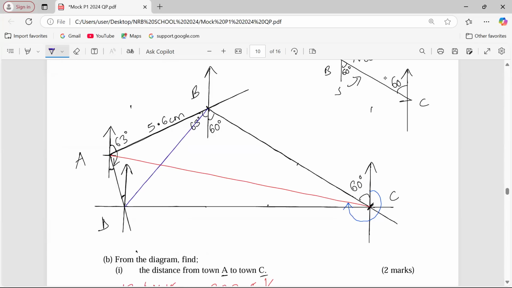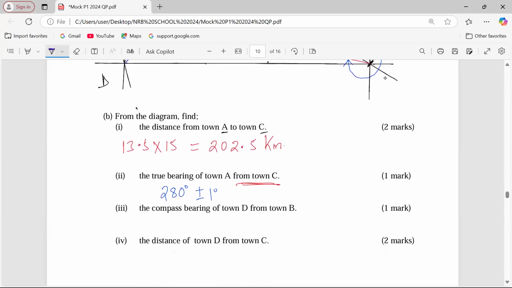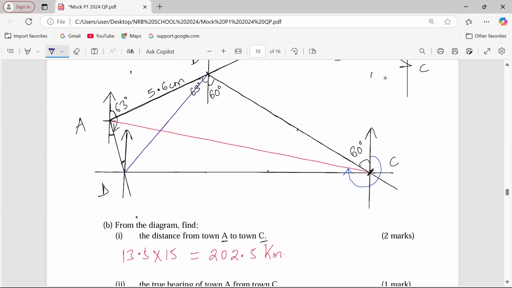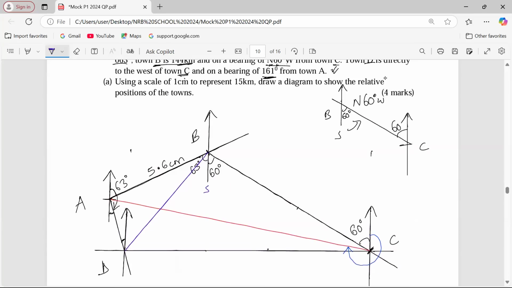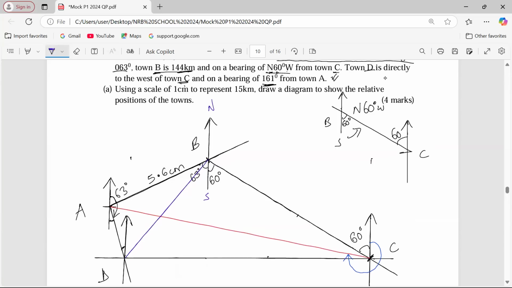I've connected B and D, so we need it from B. When we talk about compass bearing, it should be from the south or north, towards either west or east.